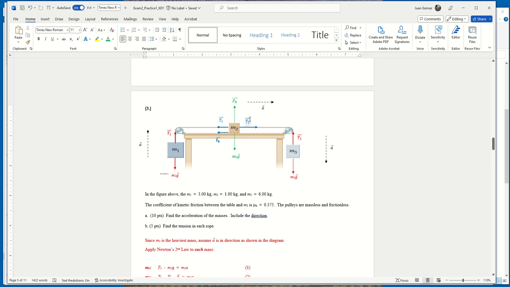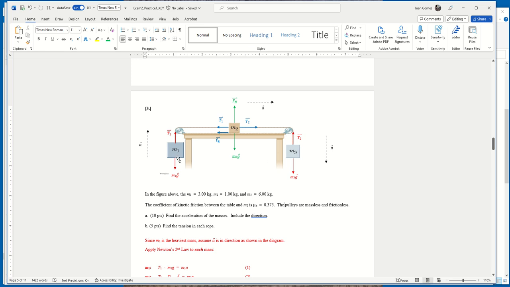And remember, in general, those two tensions on the different sides of M2 cannot be the same because they're not connected via a frictionless pulley. They're physically 2 different ropes. One rope is connecting M2 and M3, the other rope is connecting M1 and M2. Now let's look at M3.